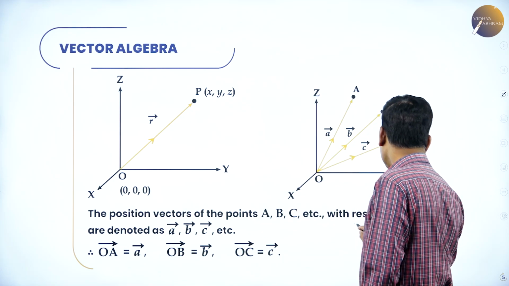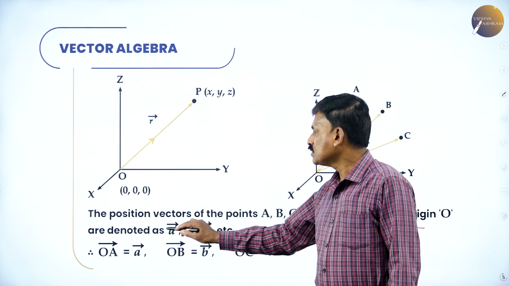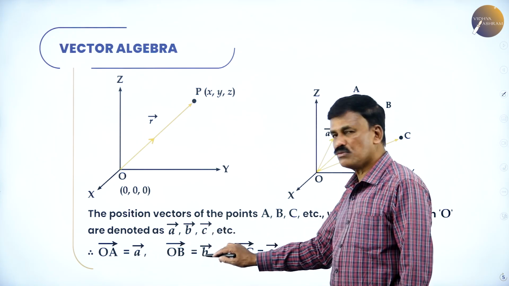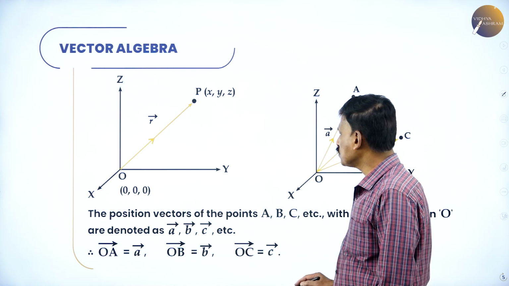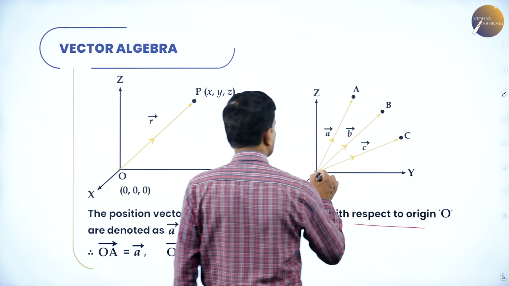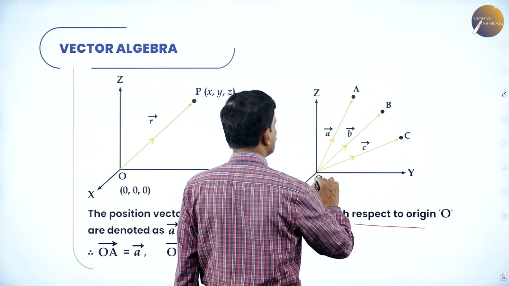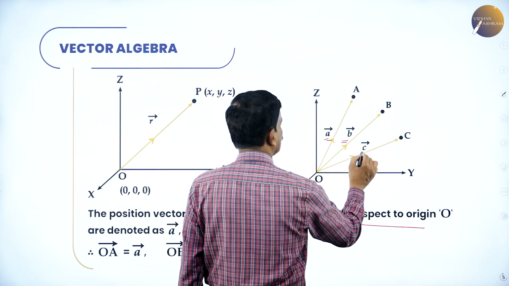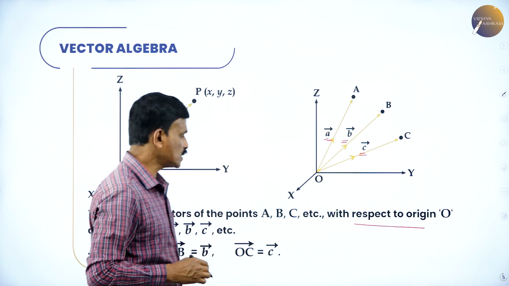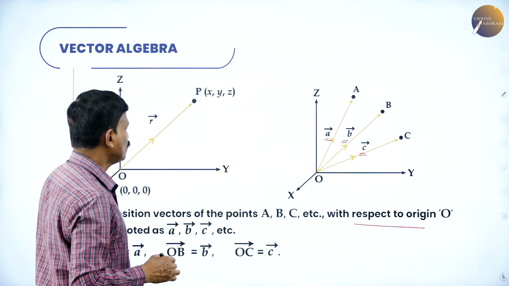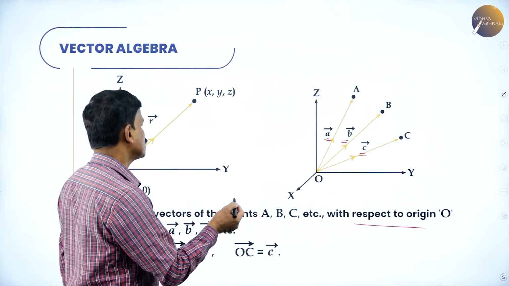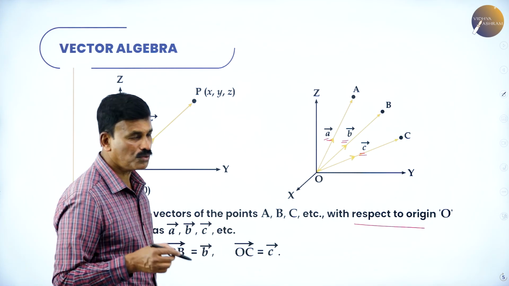The position vectors of A, B, C with respect to the origin are denoted as OA equal to vector a, OB equal to vector b and OC equal to vector c.